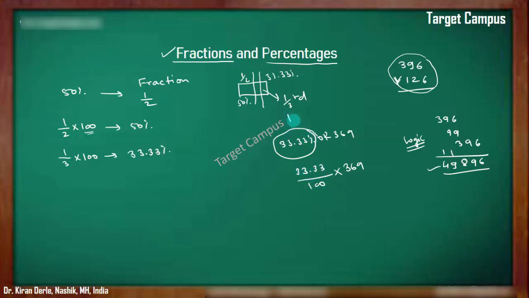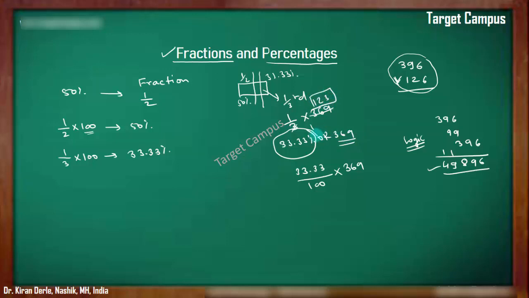We simply replace this percentage by 1 by 3, because we know 33.33% is 1 by 3. So 1/3 of 369 is nothing but 33.33% of 369. Dividing this, we'll get 123. So 33.33% of 369 is nothing but 123.